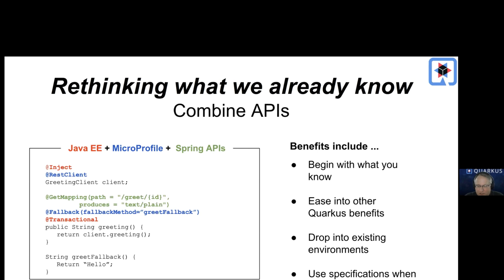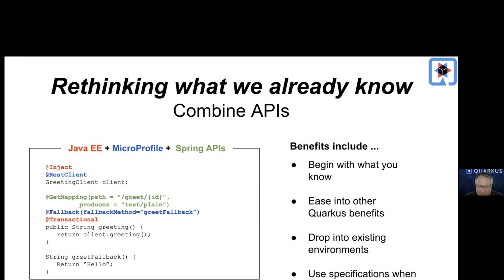So just a bit of note, what we do with Spring APIs is we don't take the Spring ecosystem jars and just run them on Quarkus. Quarkus has to do an awful lot of work to get all of these frameworks I've been talking about running very efficiently and running on top of GraalVM.